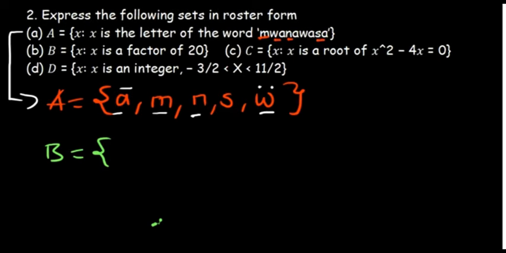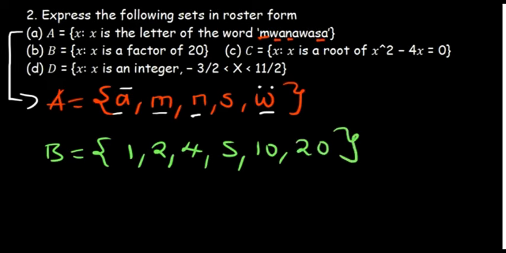What are they? 1 itself is a factor, 2 is a factor, 4 is a factor, 5 is a factor. What else is a factor of 20? 10 is a factor, then 20 itself is also a factor. So these are the factors of 20.